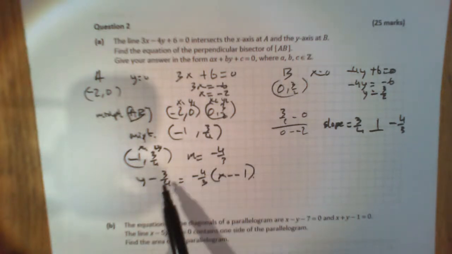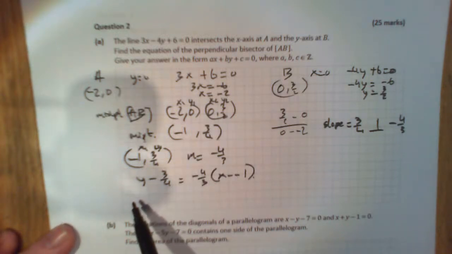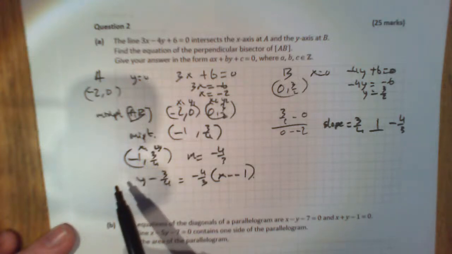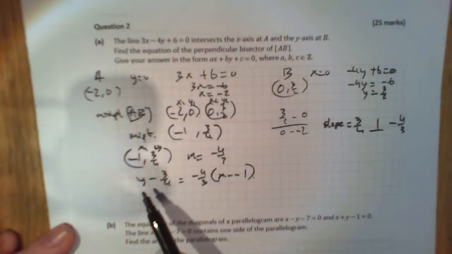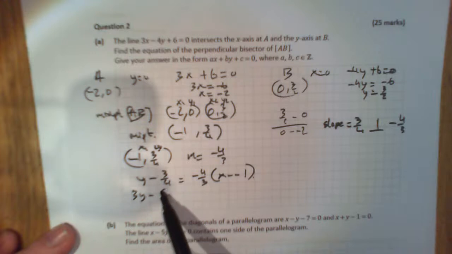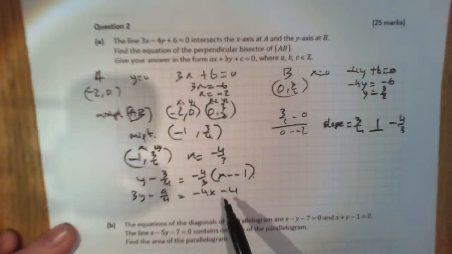You can multiply it by 3, but then you've got the 4. The lowest common multiple of 3 and 4 is 12. Listen, we'll go for it and see what happens anyway. You can always knock it down a little bit. You know what? I'll multiply this side by 3, and then we'll see. So that's 3y minus 9 over 4 is equal to minus 4x minus 4.